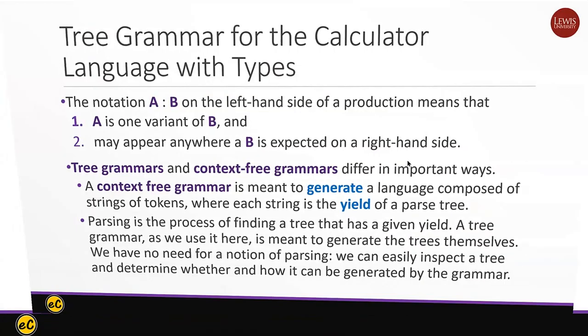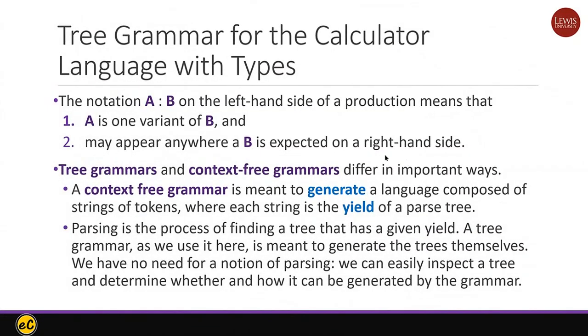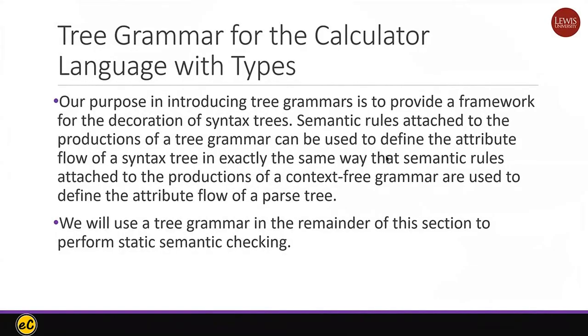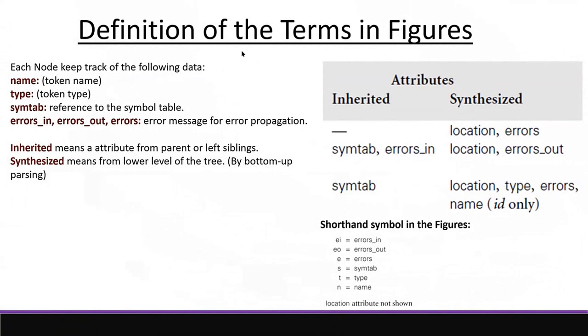These different items do an analysis and start to be decorated with different types of attributes, the inherited attribute and synthesized attribute. Some attributes are error in, some are error out. Error in means the error you carry from the previous one. Error out means the error that will be carried out to the next step.